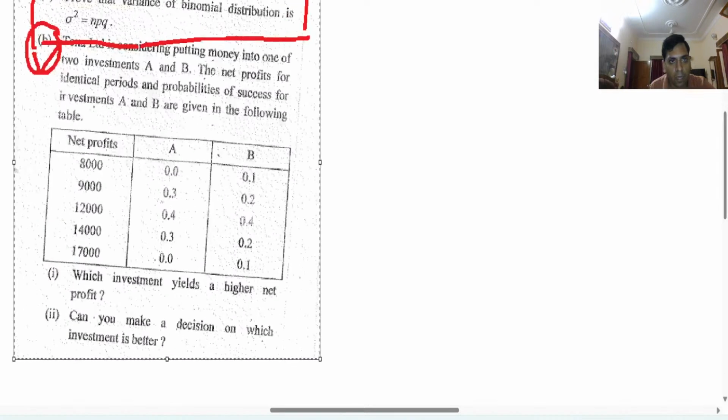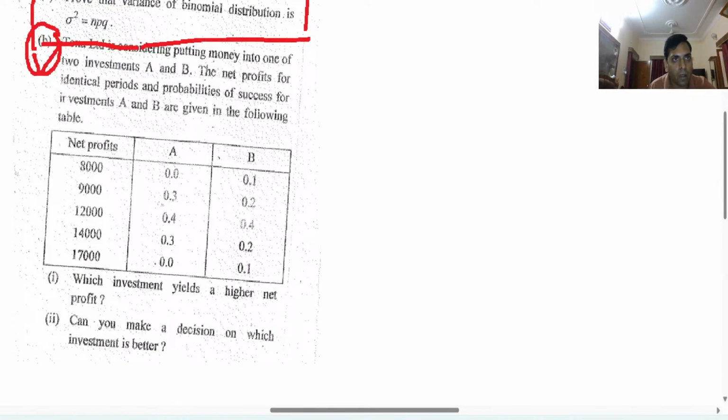In this case, a company is putting money into one of two investments, A and B. The net profit for an identical period and the probabilities for investments A and B are given in the table.